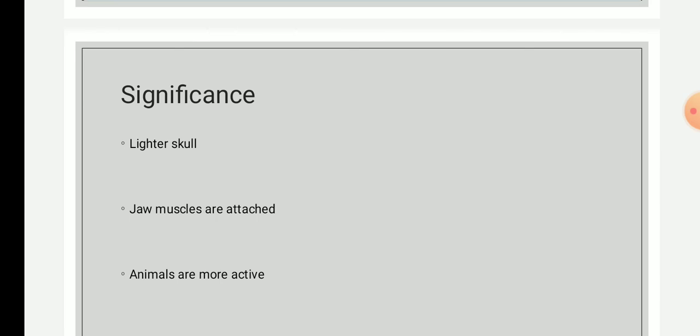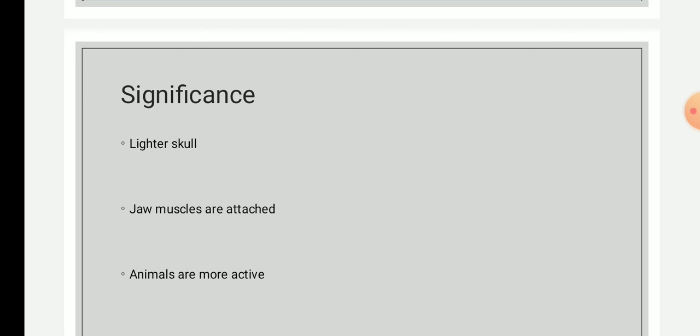So what happens if the temporal fossa is not there? The skull of that organism becomes heavy, and if the skull is heavy, that means the animal is not very active, and thus it cannot move very fast.